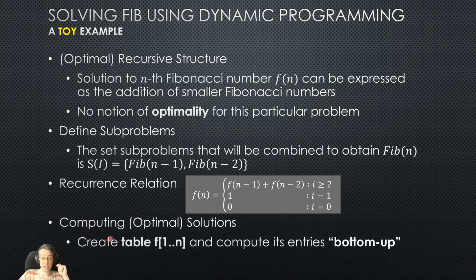The final step is to compute your solutions. So we're going to create a table. This was a mathematical object, f. We're going to create a pseudocode construct, a table, f, which is really just an array, 1 to n, and then we're going to compute these entries bottom up. Okay, so I want to compute f(n), that's where the solution is going to be, and I'm going to start from my base cases.